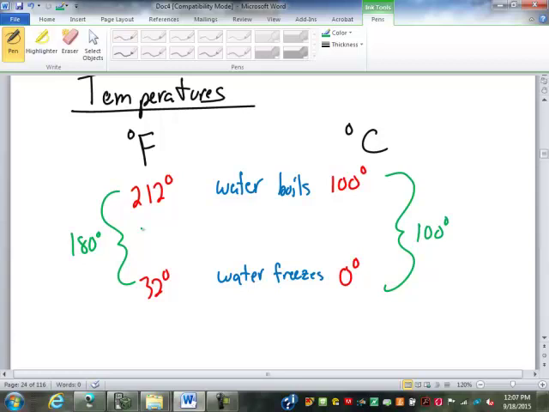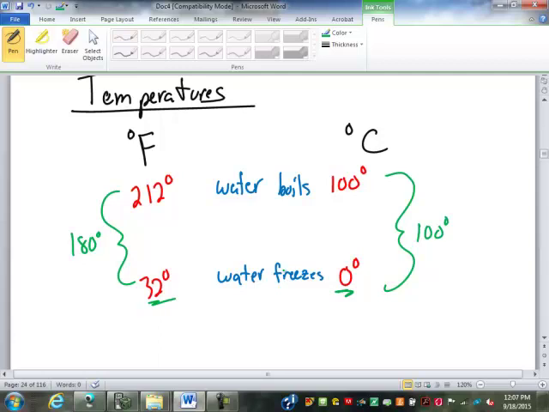What makes temperatures more difficult is the fact that they don't start at the same 0. For measurement of length, 0 centimeters and 0 inches are the same length. 0 kilograms and 0 pounds are the same weight. 0 liters and 0 gallons are the same capacity.